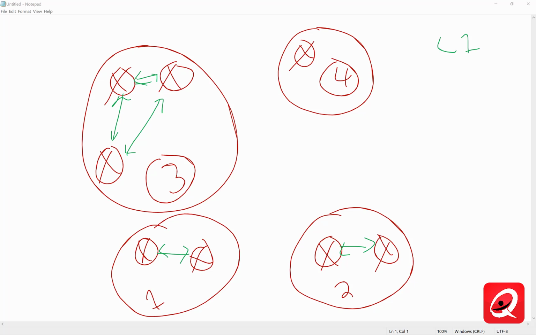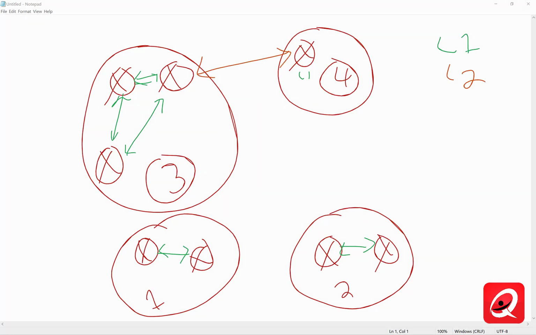But those would be my L1 routers, and this guy would still be an L1 router in its own area, even though it doesn't necessarily have any adjacencies. It would still have to be functioning as an L1 router to be able to build that link state database for area number 4.